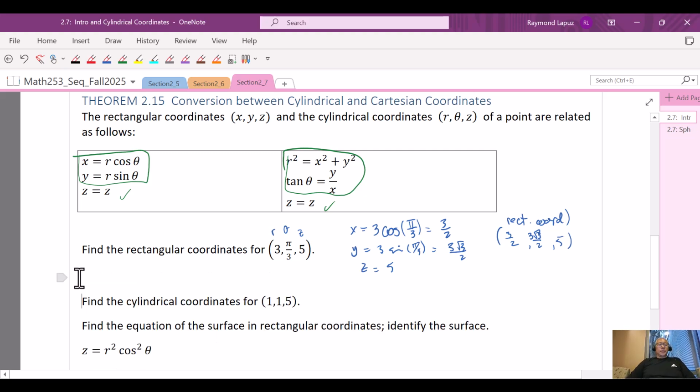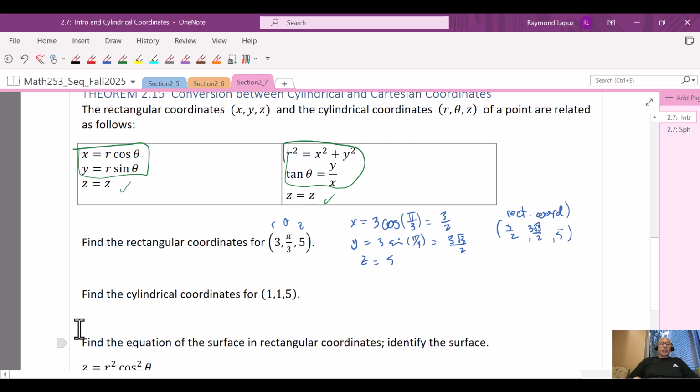All right. Our next problem, they want us to find the cylindrical coordinates for this. So here we have to go backwards, and in order to do that, we'll use this set of equations. We have an x, a y, and a z, so z is still going to equal 5, but now we have 1 and 1. So we can represent r squared is equal to 1 squared plus 1 squared by this first equation.